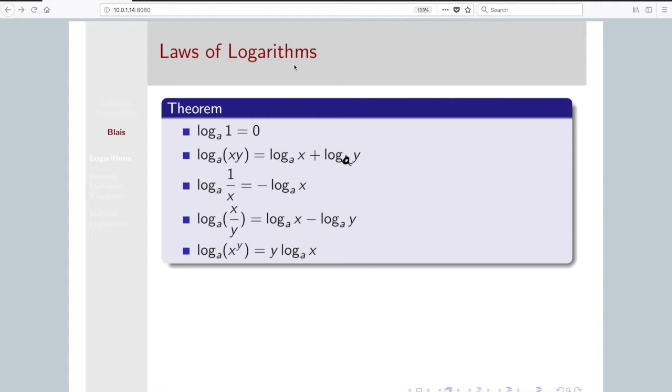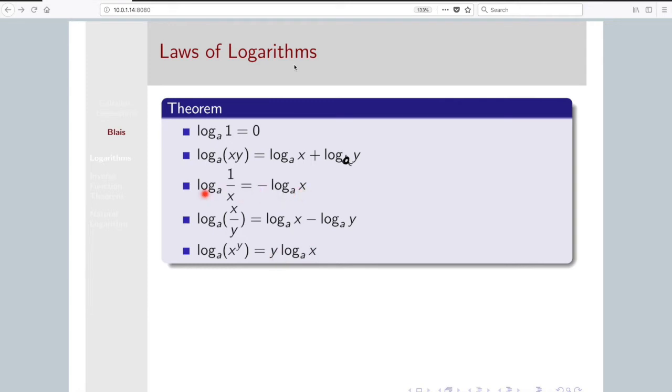We can also write log base a of 1 over x as minus log base a of x. You don't really have to memorize this one because it's a special case. We'll jump to the fifth one. Log base a of x to the y, that power y can come out front, multiplying log base a of x.